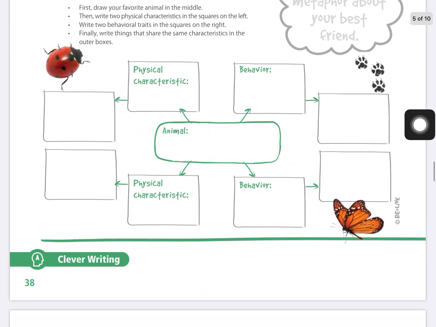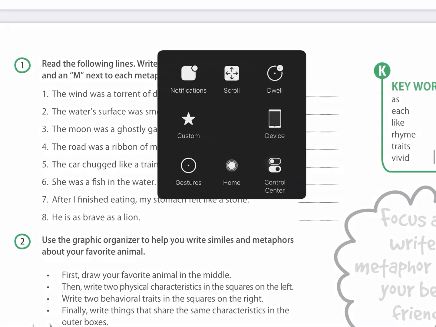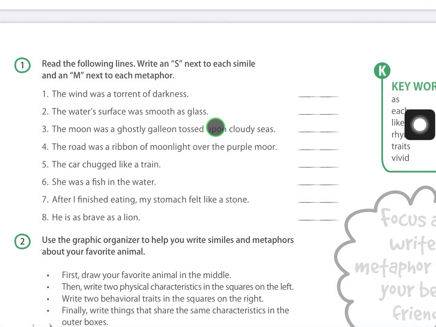Then on page 38, you are going to do the following. Pay attention. Read the following lines. Write S next to each simile, or M if it is a metaphor. Remember the difference between a simile and a metaphor.